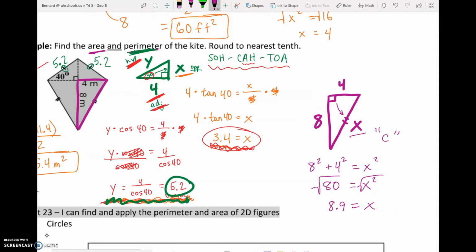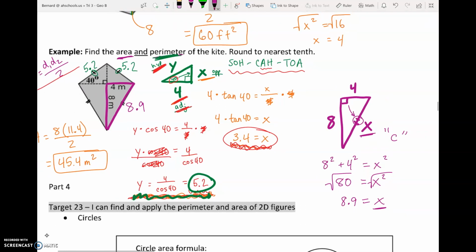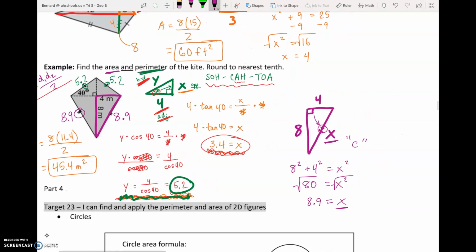Now remember that x that we just found is the 2 tick mark side. So I know that this is 8.9. And because it has 2 tick marks in it, and so does this side right here, this side's 8.9 as well. So now I can find my perimeter. I'll do it up here.